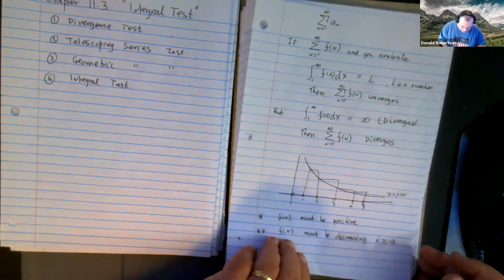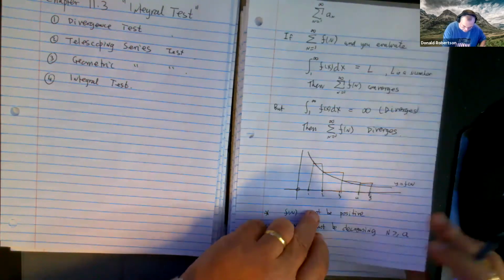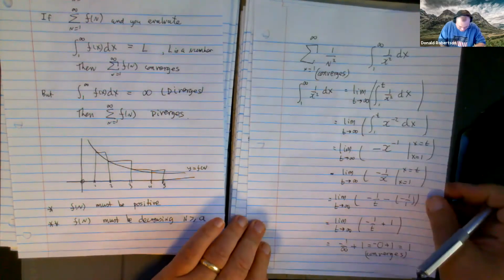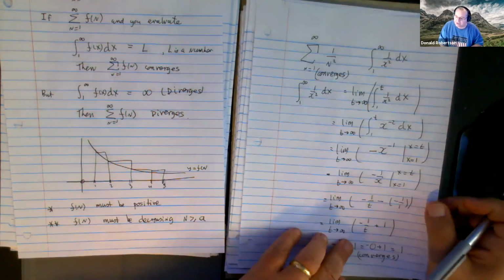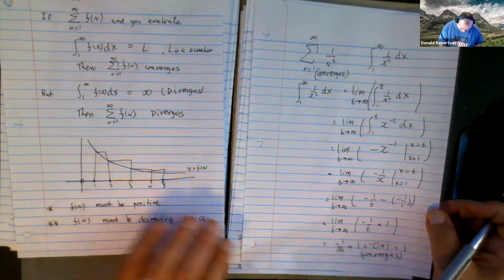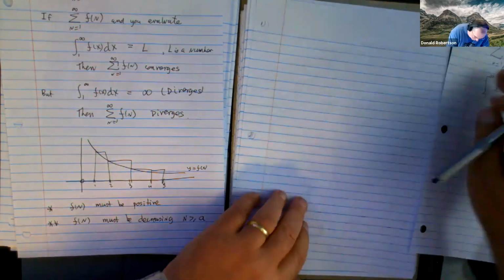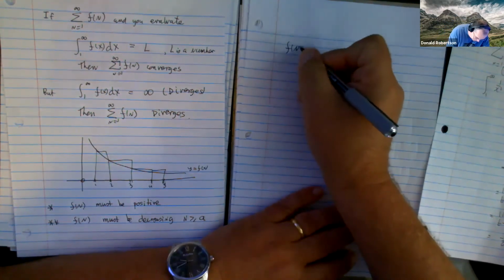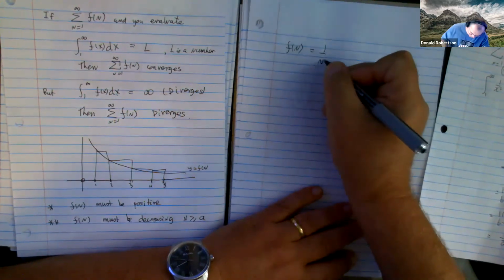So now that I've finished that first question, before I even got to this stage, I should have checked that I can even use the integral test. So in the question that I've got, f of n is 1 over n squared. So let's do check number 1.